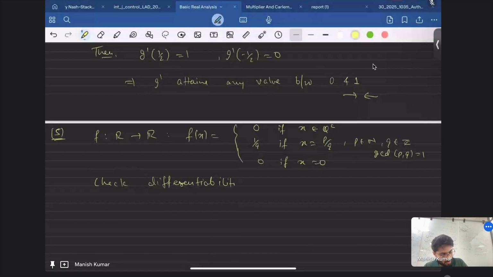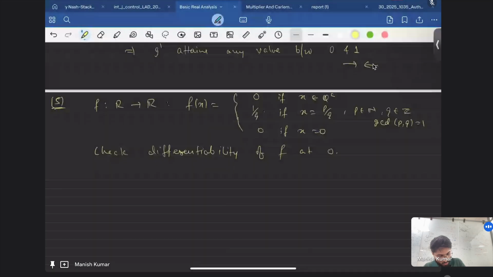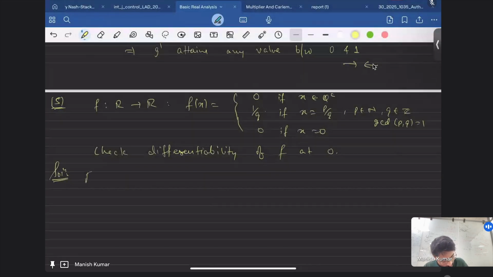So how to proceed with this? For differentiability at 0 we need to make sure that the limit as x goes to 0 of f of x minus f of 0 upon x minus 0 exists, right?